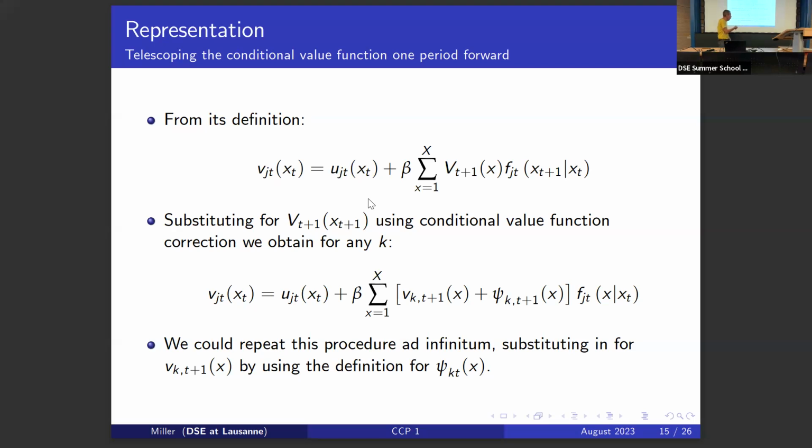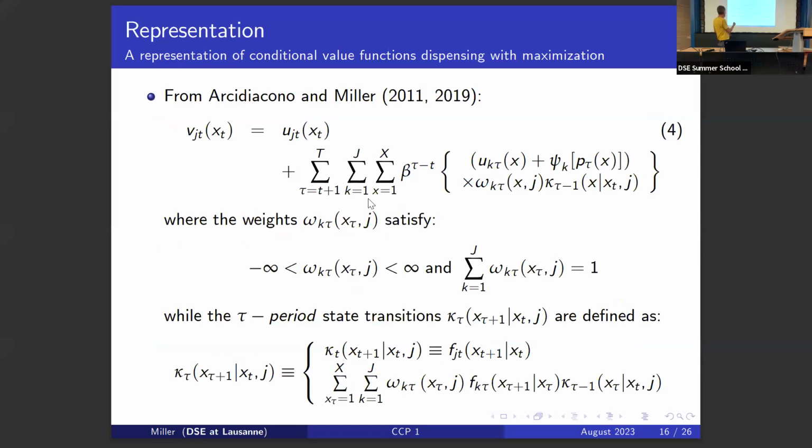I could have put a weight of 3 over 2 for the kth and minus a half for the k prime choice, still good. These weights defined over here, anything that satisfies these two criteria: got to be finite, got to sum to 1. Okay? So you pick them.